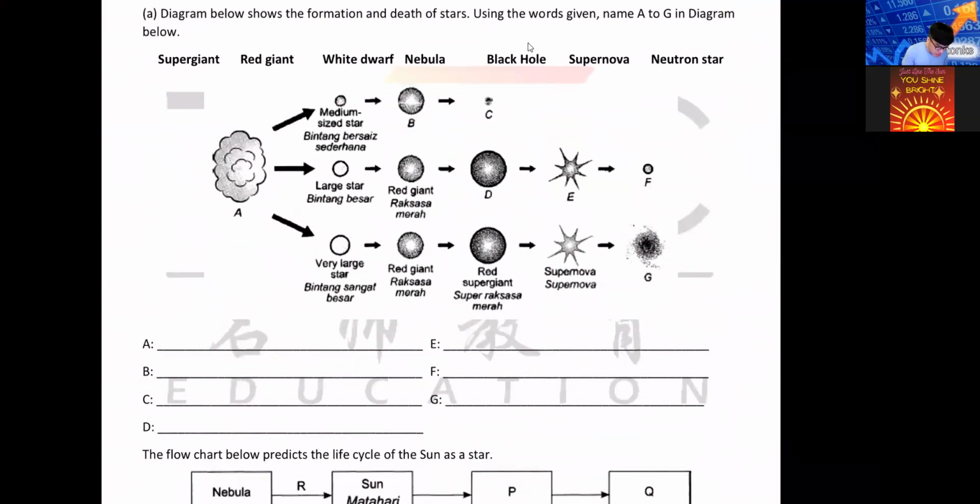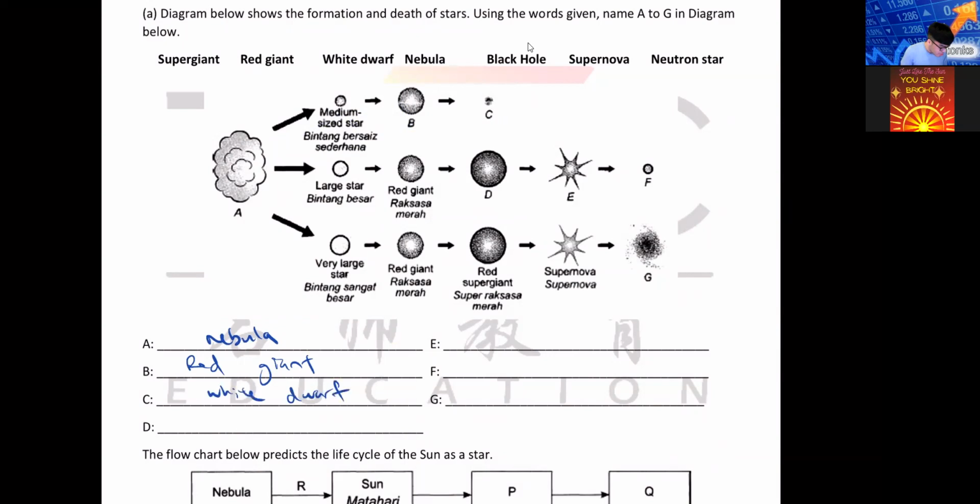A is your nebula. Obviously. B, so you see red giant, obviously B is a red giant too. Okay, Raksasa Merah in BM. Okay, and of course C, when our sun dies, someday in the future, it will turn into a white dwarf.